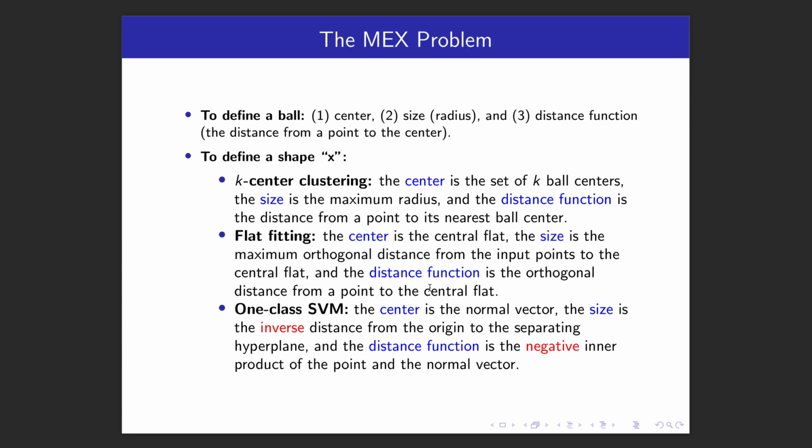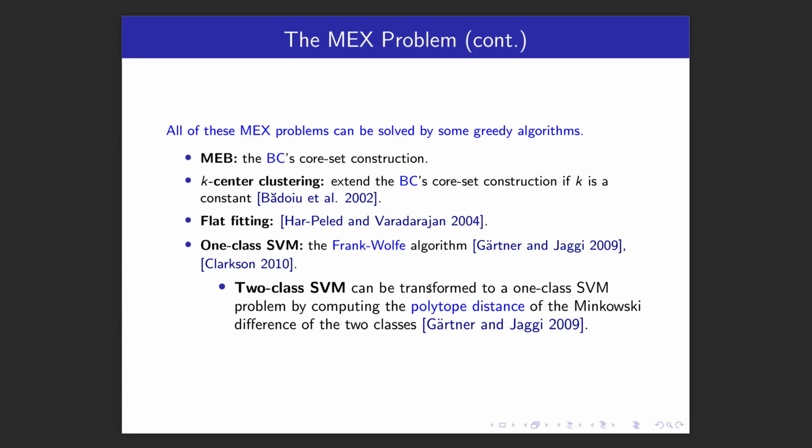And also all of these MEX problems can be solved by some greedy algorithm like MEB. We can use the Badoiu-Clarkson coreset construction, right? It's a very standard greedy algorithm. And for k-center clustering, if we assume k is constant, we can also use a coreset construction idea to solve the k-center clustering problem.